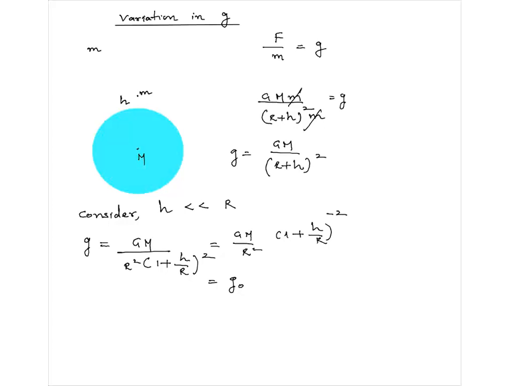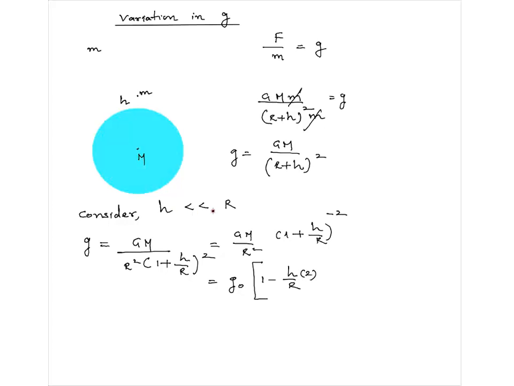Now, applying binomial theorem, that is a negative power here. So 1 minus this, and then there will be higher powers of h by R, like h squared by R squared, h cubed by R cubed.